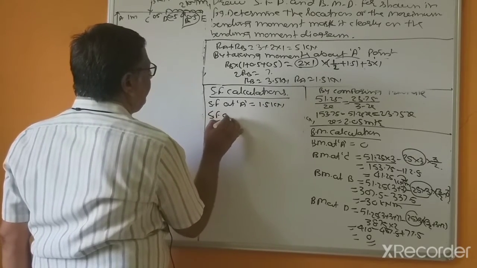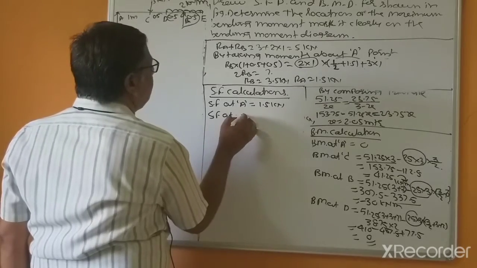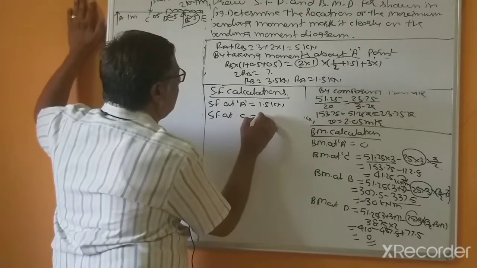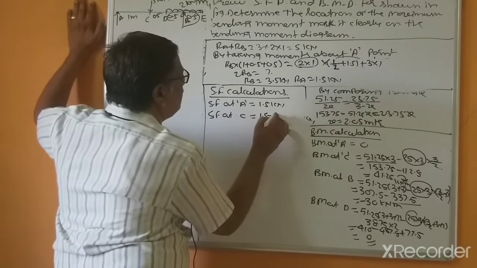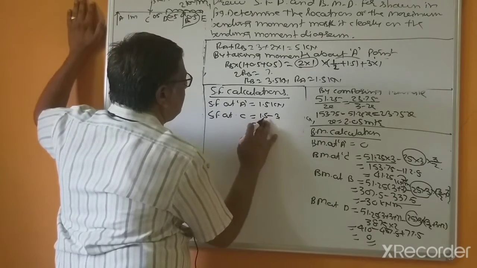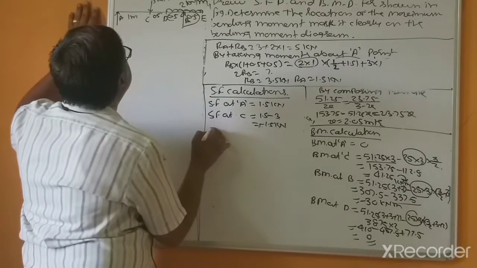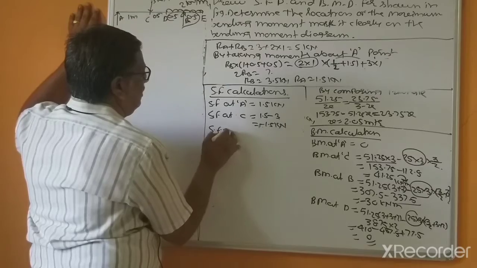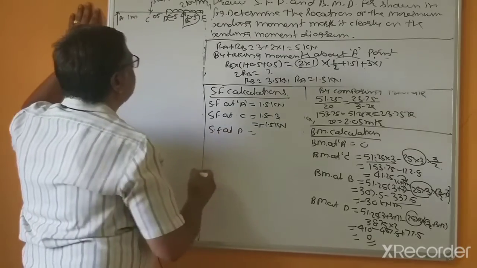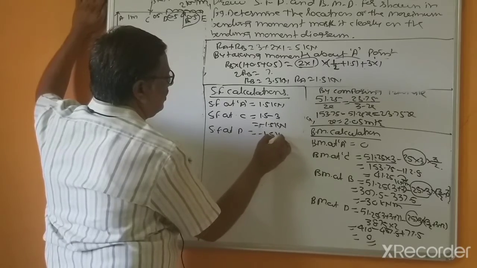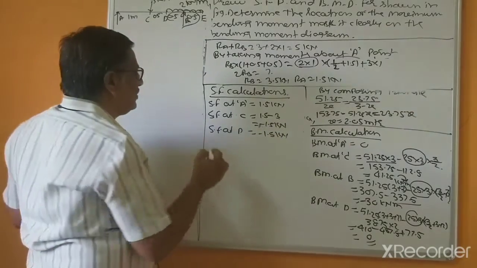Shear force now at C point, because in between there is no force, so 1.5 minus 3, this is minus 1.5 kilonewton. Shear force at D point, again minus 1.5 kilonewton, because there is no force.